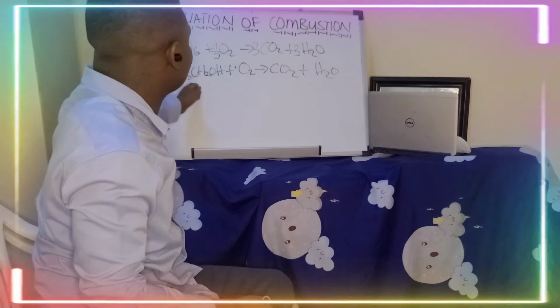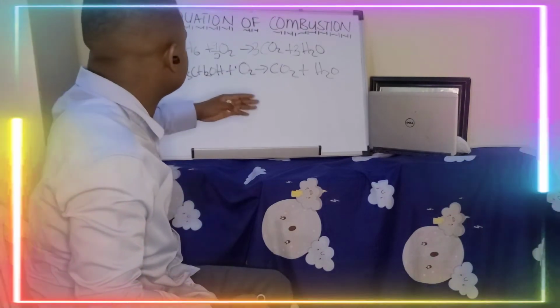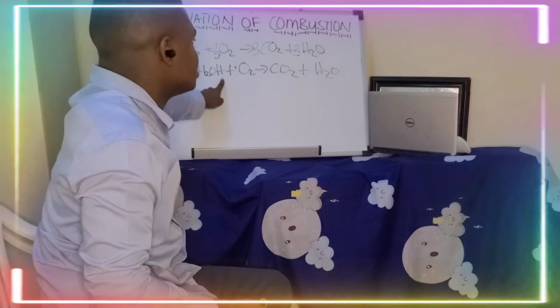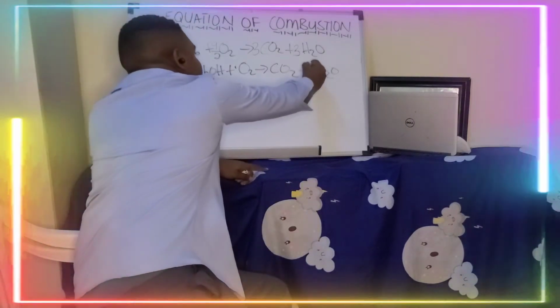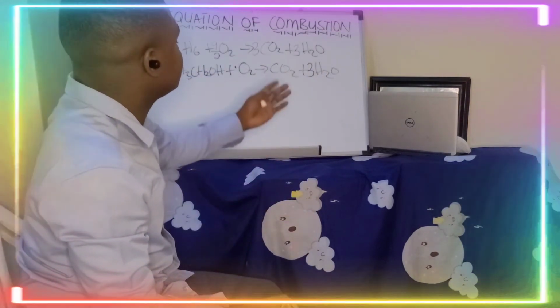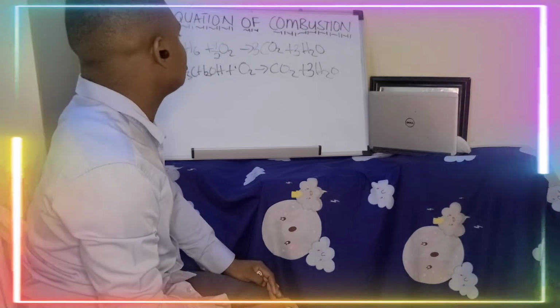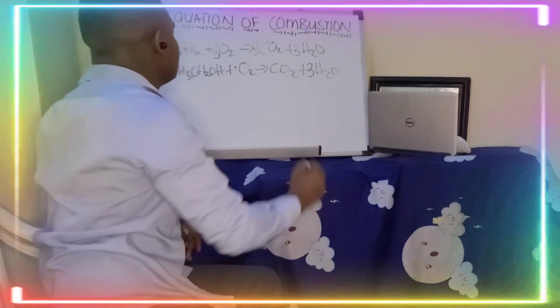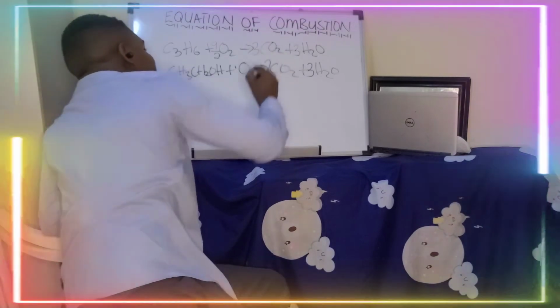We've got 2 carbons and 1 carbon. How many hydrogens? We've got 3, 4, 5, 6 hydrogens. So you are simply going to put a 3 there so that this becomes 6 hydrogens. Then you come to your carbons, 1, 2 carbons, you're going to put your 2 there.